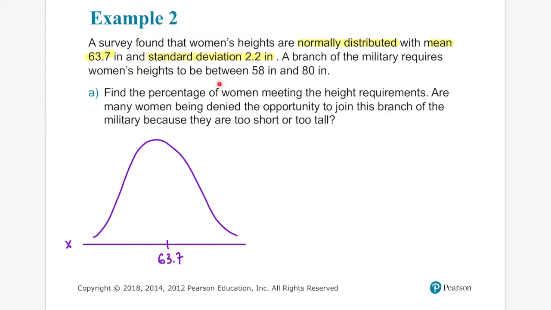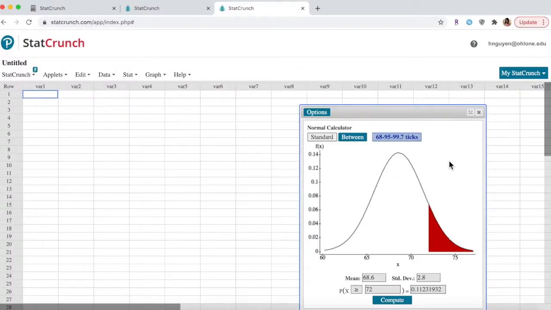The height requirement needs to be between 58 and 80. So 58 should be on the left, and 80 should be on the right. Which means any woman with height between 58 and 80 will be accepted, which means I'm looking for the area in between.